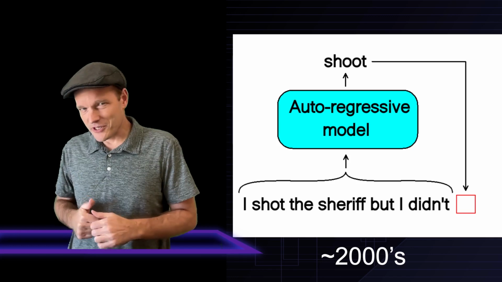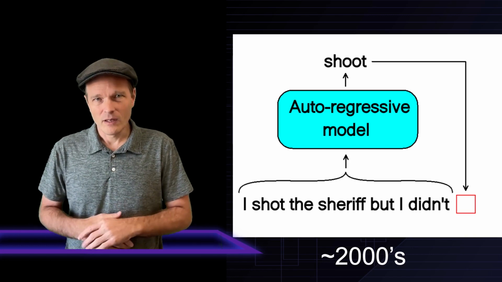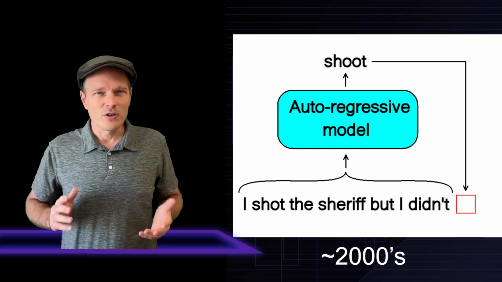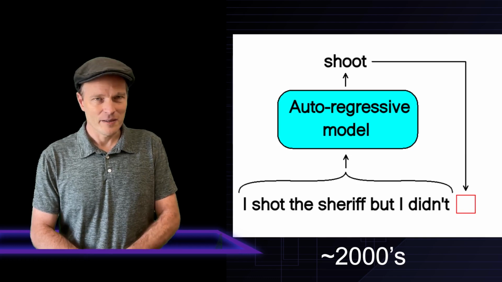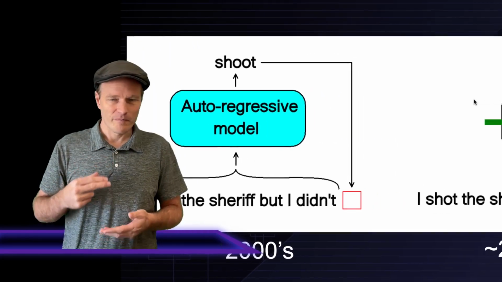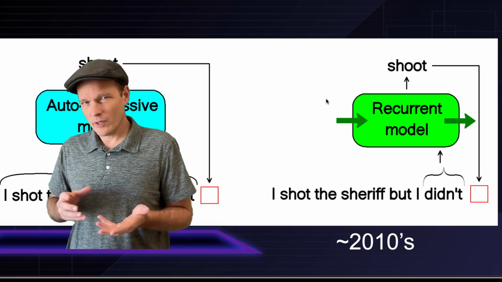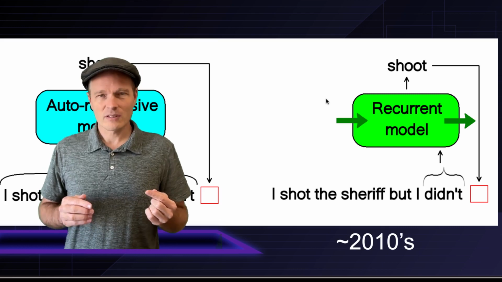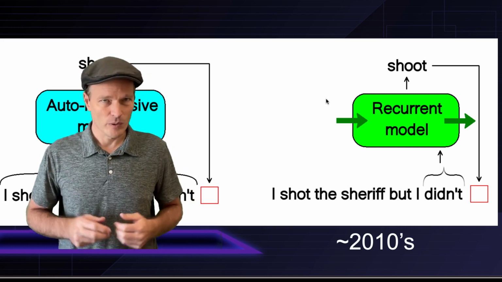So naturally, researchers asked themselves, why are humans able to solve this problem? One significant difference is that humans don't consume a whole bunch of text at once. We only read one word at a time, and then we rely on our memories to remember the words we read before. The recurrent model, which I've depicted here, works in this way. It only reads one word at a time, but these horizontal green arrows represent passing and encoding of its memory forward in time.